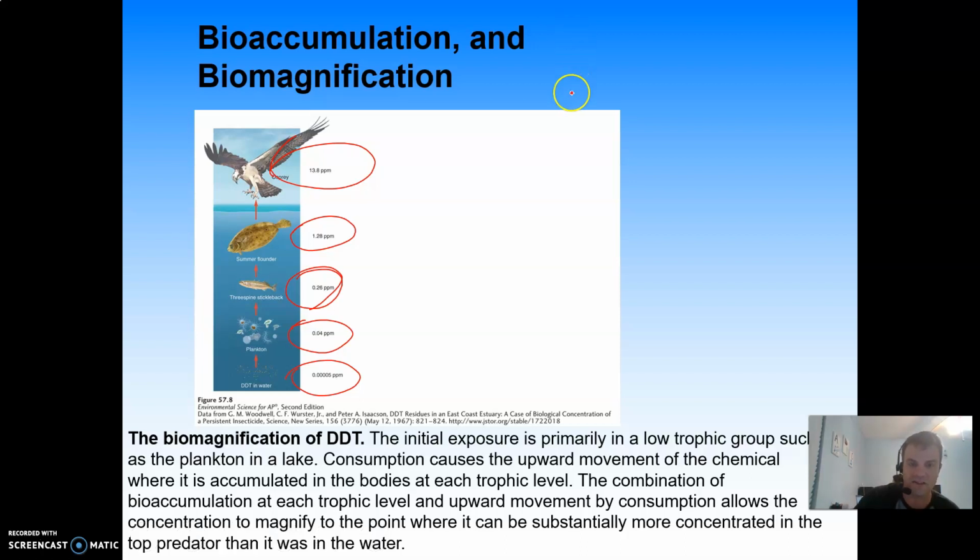It's not going to come out of their system, so it's going to accumulate and accumulate. So the higher you are up on the food chain, if something is being contaminated, the more magnified it's going to get. And this has actually caused different populations of birds and predators to get pesticide poisoning because it moved up and magnified up the food chain.